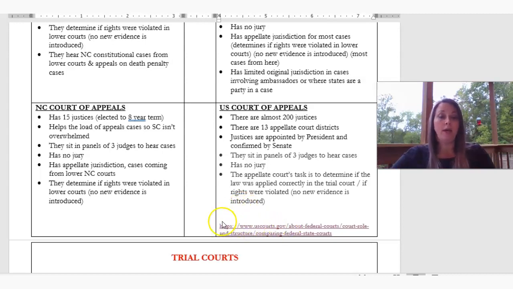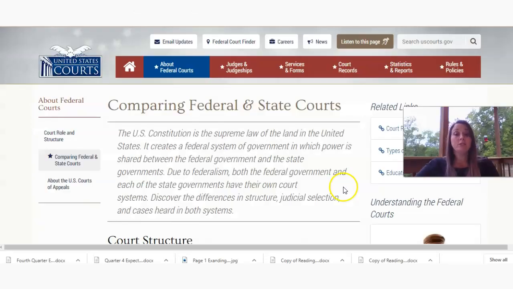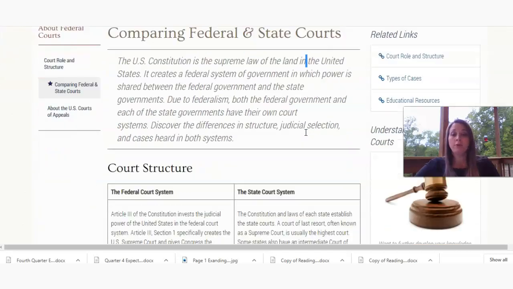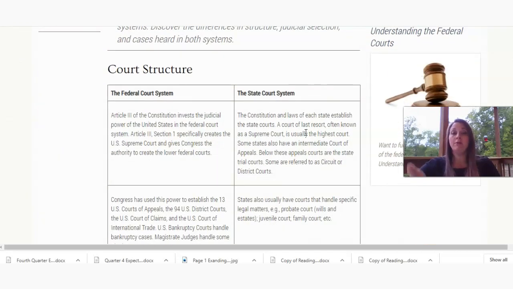A copy of these notes are below the video, so you can follow along if you'd like to, but there's also a link here, and let me take a look at that right quick. So I really like this website. It's comparing federal and state courts, and so if you wanted to scroll through it, you could take a look and see how the federal and state court systems are very different, where you've got, for example, here Article 3 of the Constitution talks about judicial power, judicial review, and the Constitution of each state sets up its own courts.